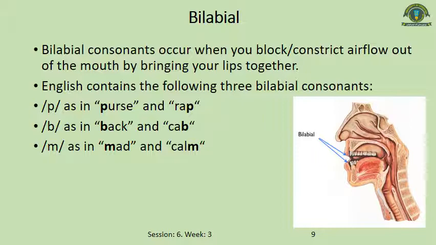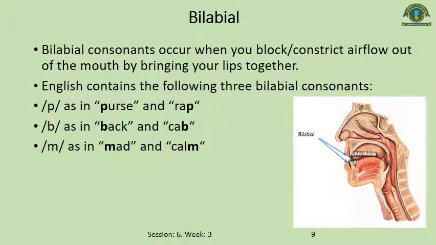English contains the following three bilabial consonants. I also mentioned the fourth one, that is w, where you have to round your lips, but specifically I'm talking about these three consonants which are considered as bilabial. Why? Definitely in the coming slides or maybe coming sessions you should understand why I'm just focusing on p, b and m.